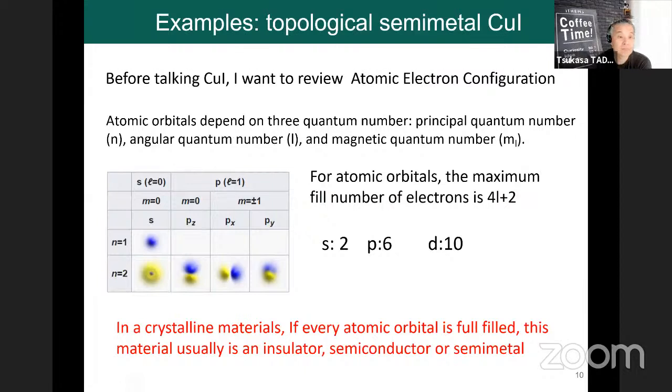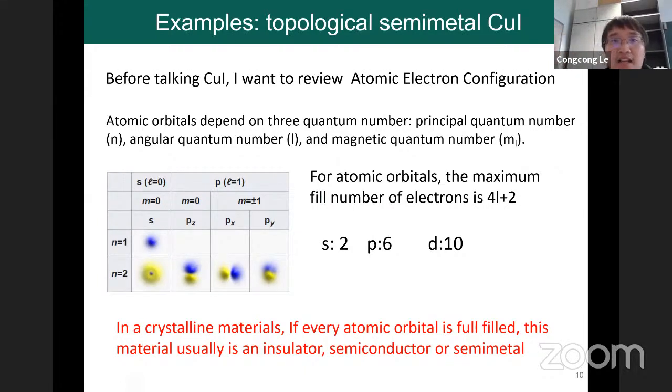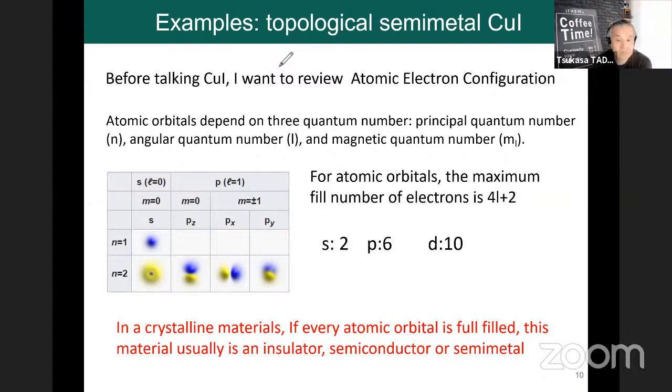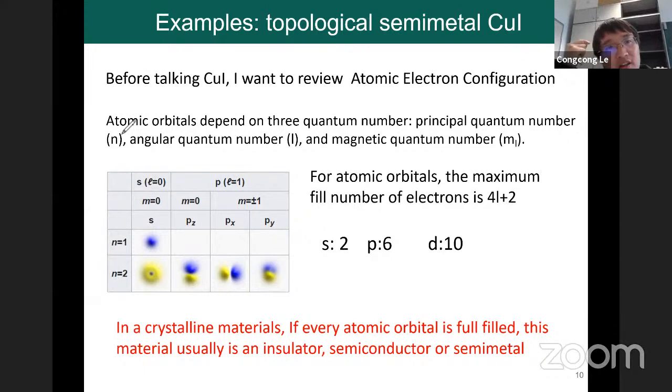Before talking about the example, the topological semimetal copper iodide, I want to review atomic electron configurations. Atomic orbitals depend on three quantum numbers: the principal quantum number n, the angular quantum number L, and the magnetic quantum number m.